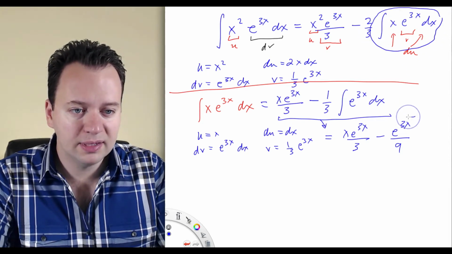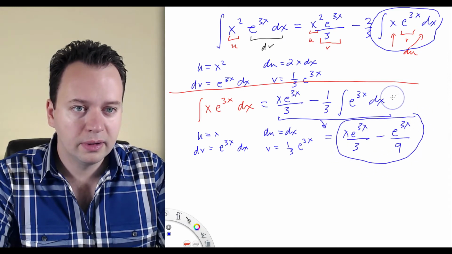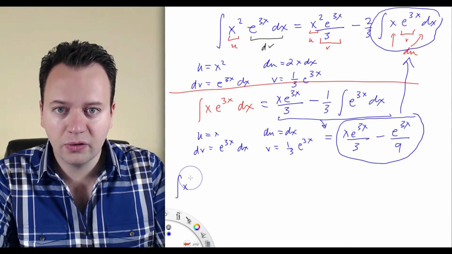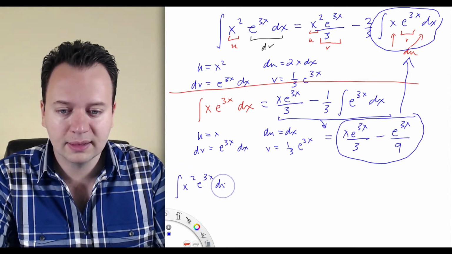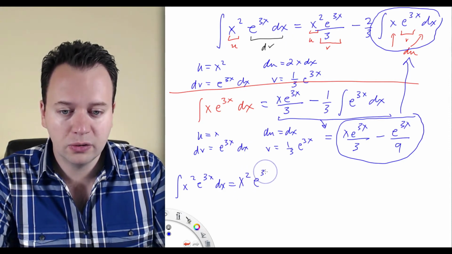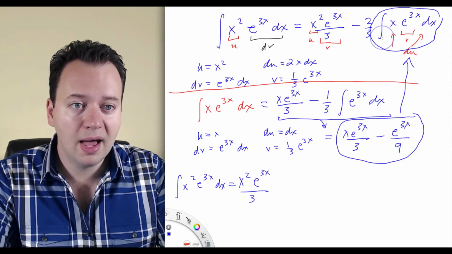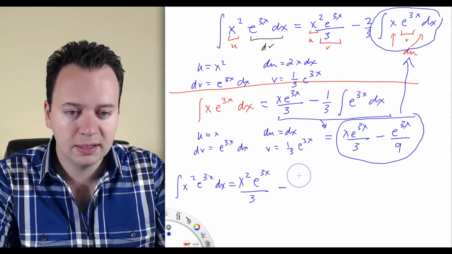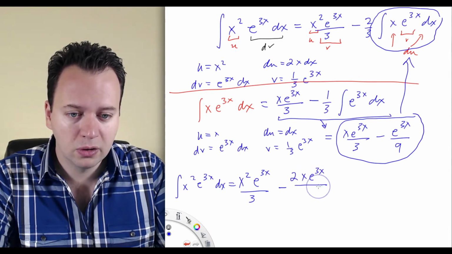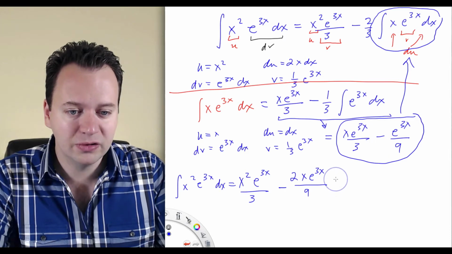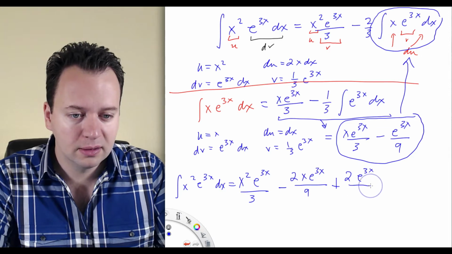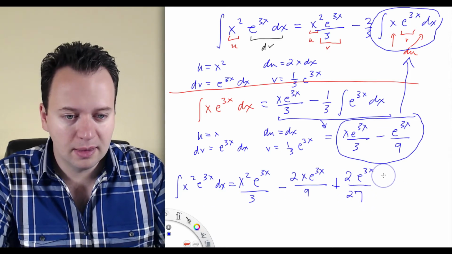So that's exactly the integral we have right up here. We want to take this answer and plug it in for that integral right up there. So in the end, the integral of x squared e to the 3x dx, starting up here, is equal to this: x squared e to the 3x over 3, and then minus 2/3 times this. So minus 2/3 times this is minus 2x e to the 3x over 9, and then minus the negative, so that becomes plus 2/3 times this, 2 e to the 3x. 3 times 9 is 27, and then plus c.